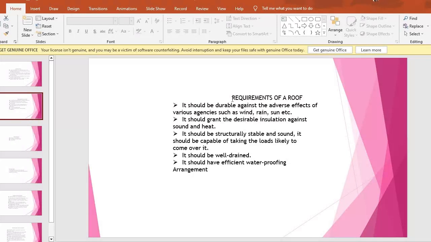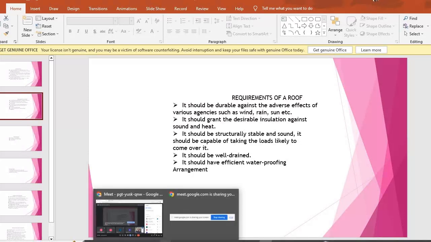Okay, now we can see the functional requirement of a roof, and the first one that you have just said is that a roof should be durable, that is, able to overcome the adverse effects of various agencies, that is rain, sun, and also wind.